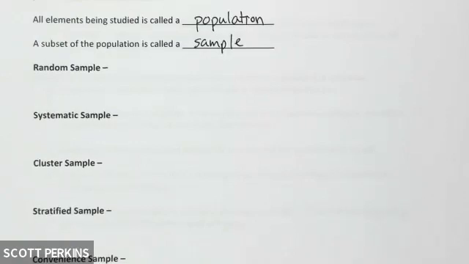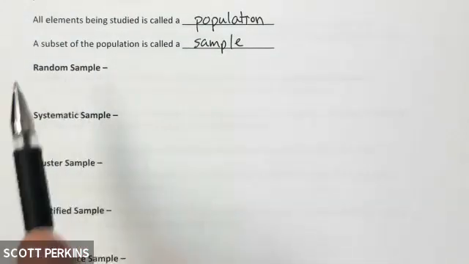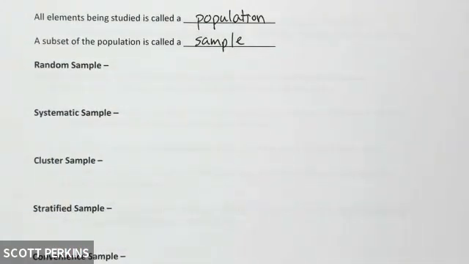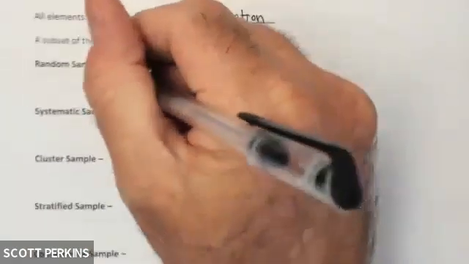So the different kinds of samples that you can take, the first type is called a random sample. A random sample is a sample in which each item is selected with an equal chance of being picked. Each item in the population has an equal chance of being picked.